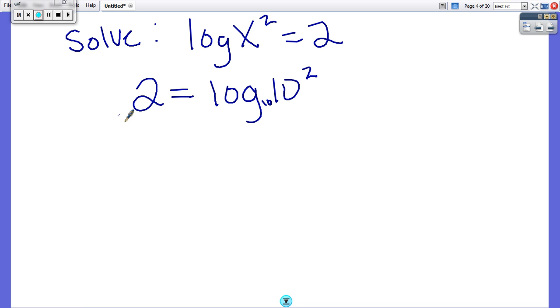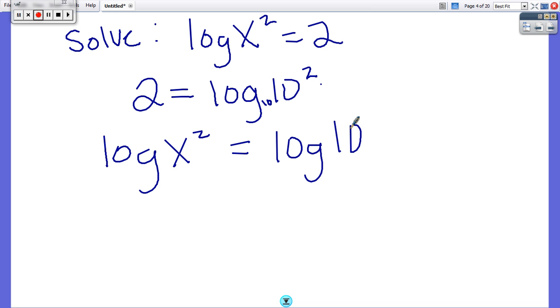So now all I'm going to do is take this and replace it in here. I'm going to replace the 2 with it since we know it's equal to 2. So now I have log x squared, that's the beginning of our problem, is equal to log 10 squared. And I had that one-to-one property that said if I have the log on both sides with the same little base, remember, it's 10 here and 10 here, I can set these two values equal to each other.